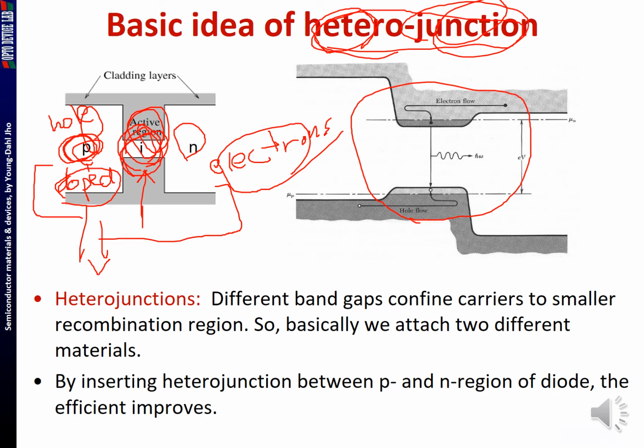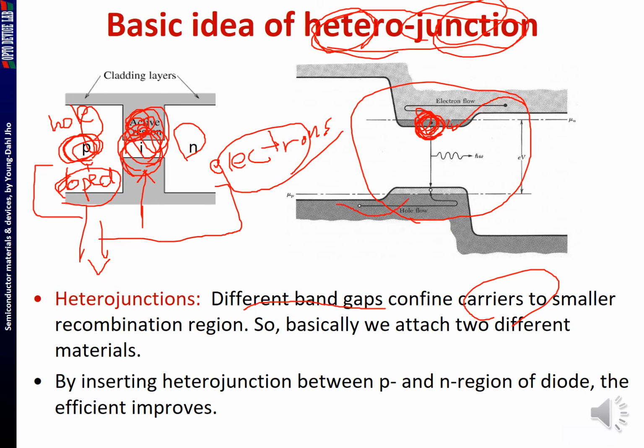So with heterojunctions, there are different band gaps and confined carriers. Confined means electrons are somehow localized around here. Look at this: electrons are localized here because it has a lower band gap, a lower energy state, and electrons prefer to be in a lower energy state.